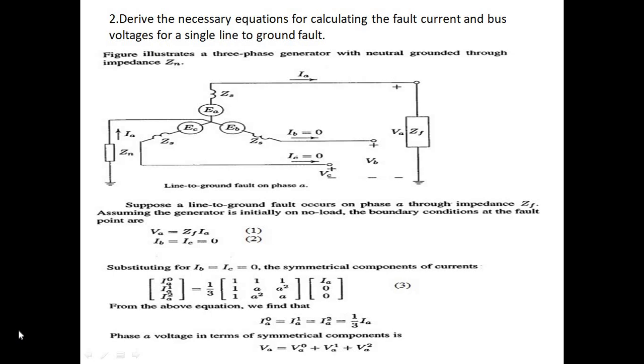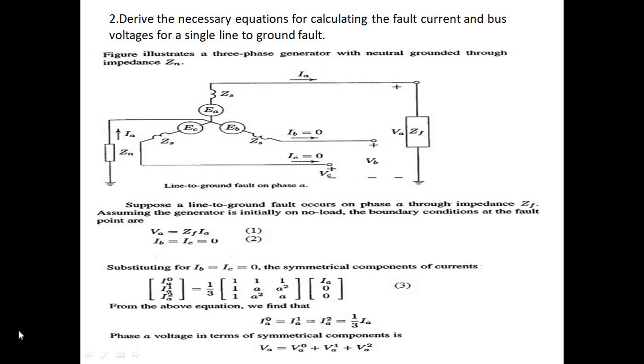Suppose a line to ground fault occurs on phase A through impedance ZF, assuming the generator is initially on no load. The boundary conditions at the fault point are VA is equal to ZF into IA, and IB is equal to IC is equal to 0.